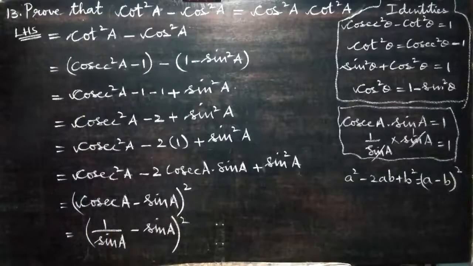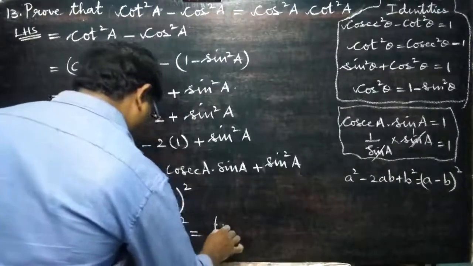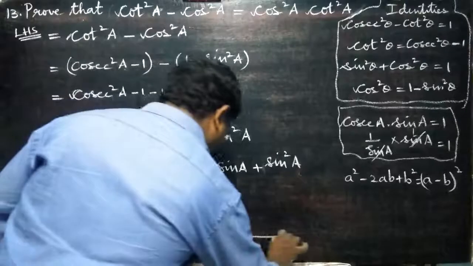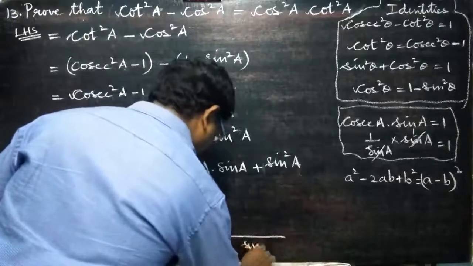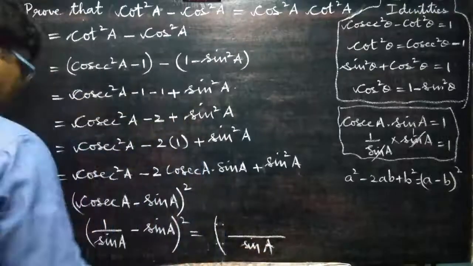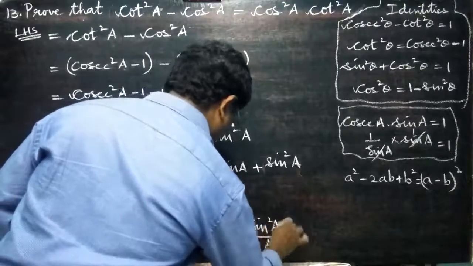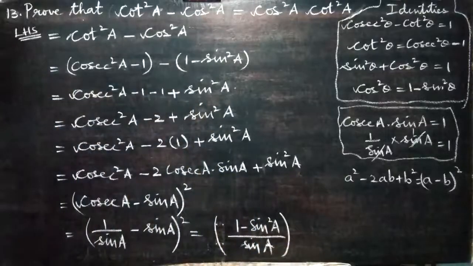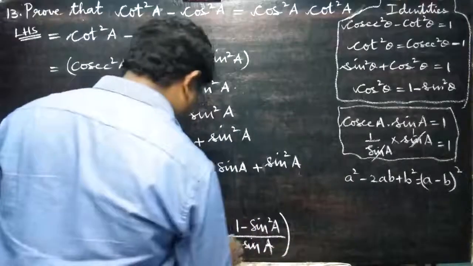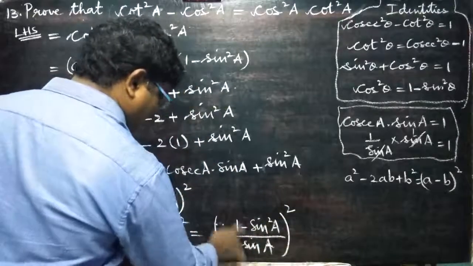Take LCM. Here sin A will be the LCM: 1 minus sin square A by sin A, whole square.